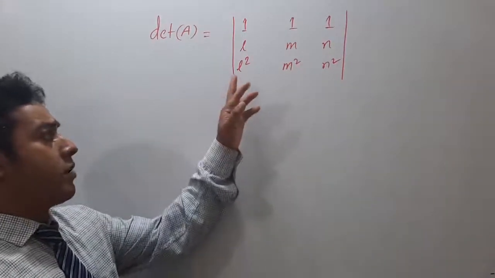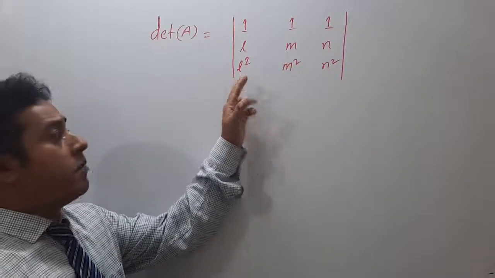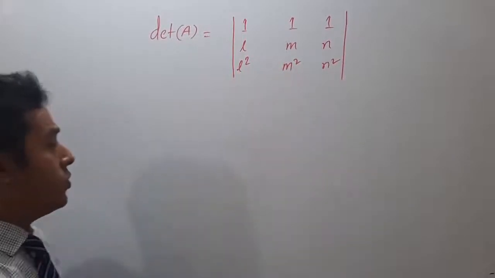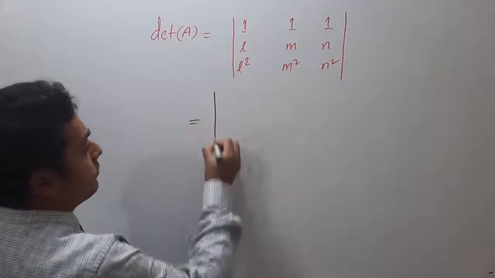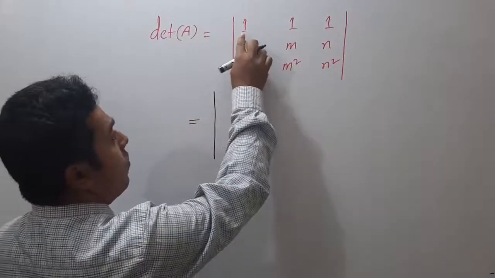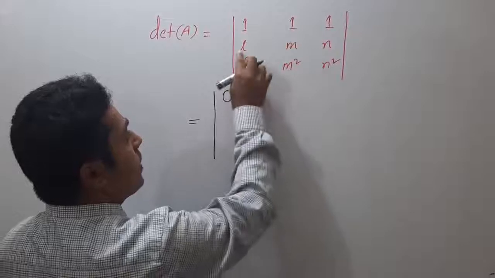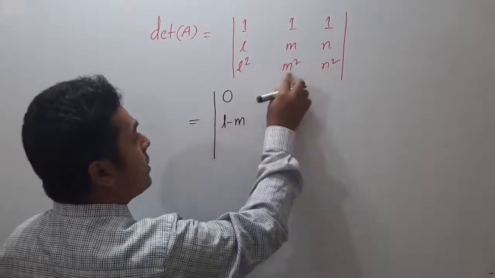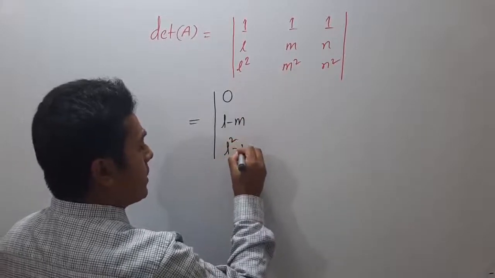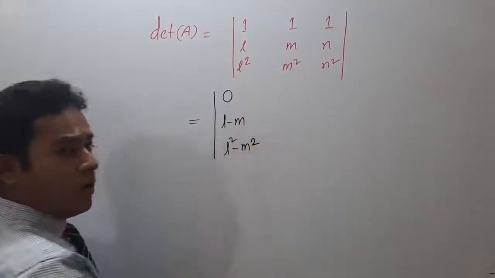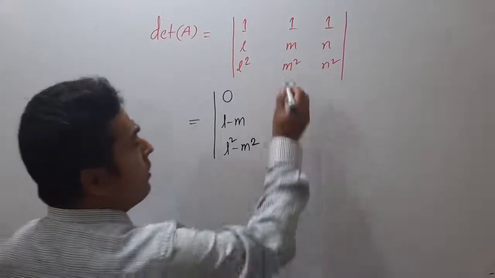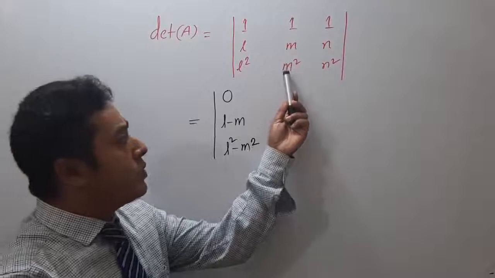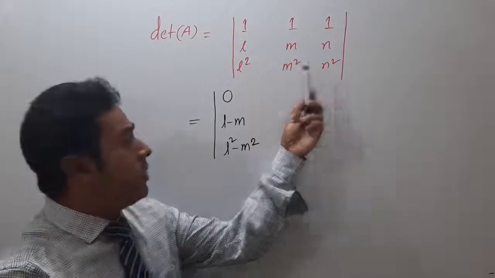We want to change column 1 by subtracting column 1 and column 2. So 1 minus 1 is equal to 0, L minus M is equal to L minus M, and L square minus M square. So column 1 is already changed, and now we want to change column 2, subtracting column 2 and column 3.